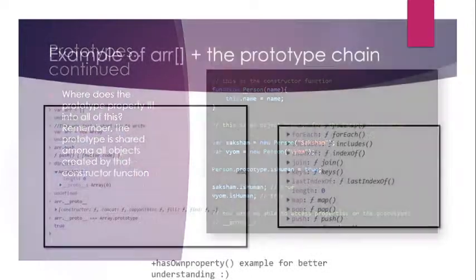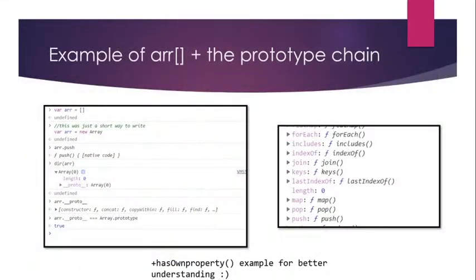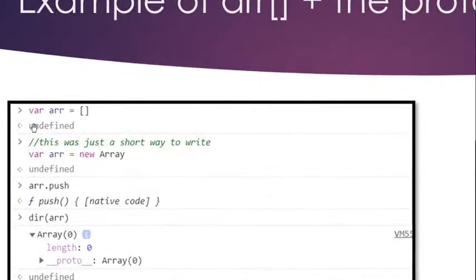Let's see it. Let's take the example of an array. If I declare, let's zoom in a little bit, if I declare this array as empty square brackets, I'm just using the shorter way of this particular line here. What I did is create a new object using a constructor function, Array.